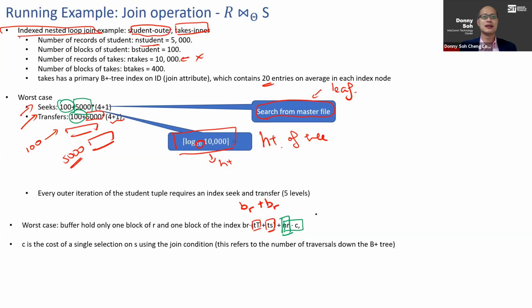And C is the cost of it going down one single block, which is these two together, the seek and the transfer time. So this NR corresponds to this 5,000, and this C, which they abstracted to be the cost of a single selection, is equal to the seek and the transfer cost illustrated here.